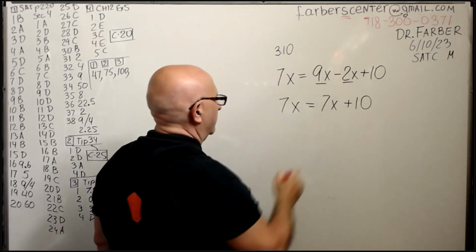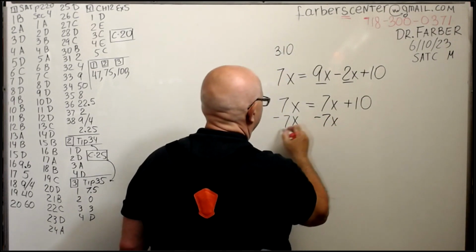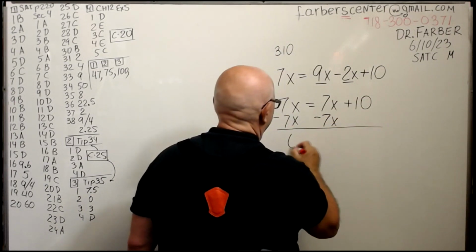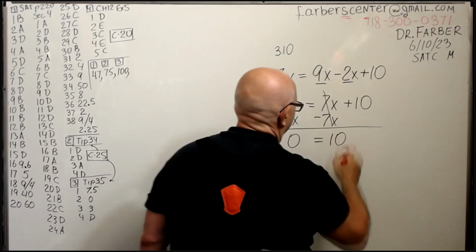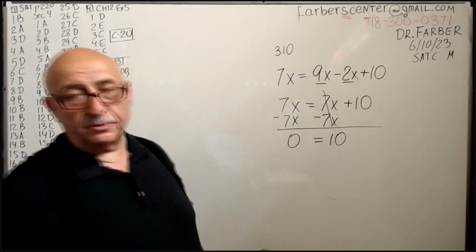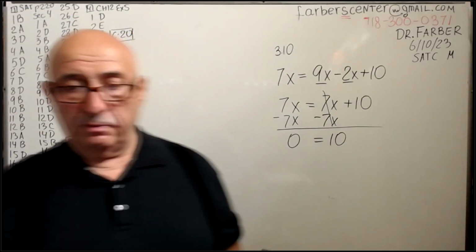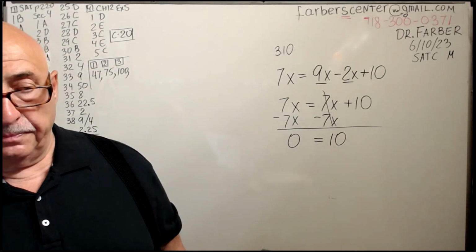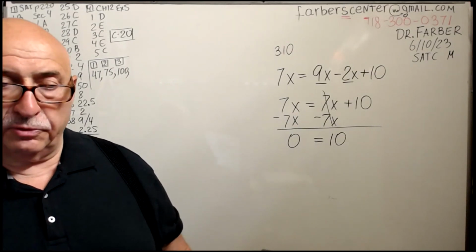If you subtract 7x from both sides, you get 0 equals 10. Is it possible, students? Is it possible to have 0 equals 10? So no solution.